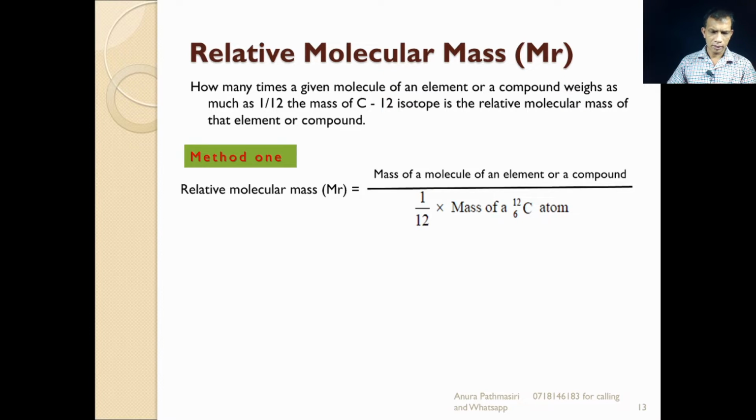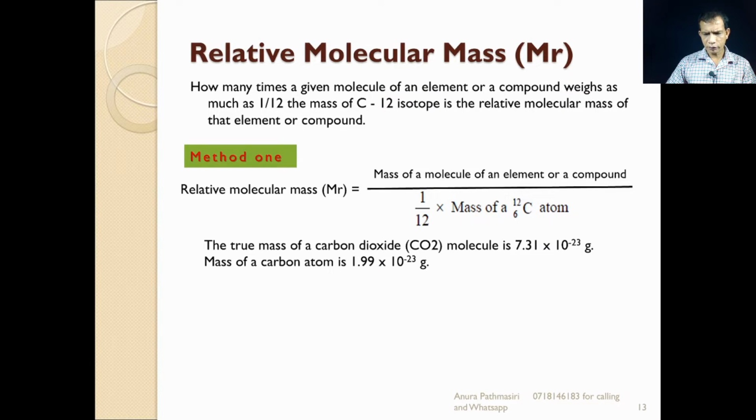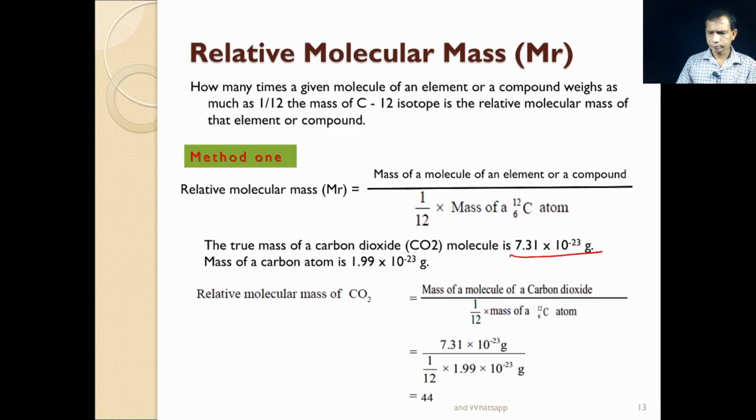So the true mass of a carbon dioxide molecule is 7.31 times 10 to the power negative 23. The mass of a carbon atom is 1.99 times 10 to the power negative 23. Then you know what to do.